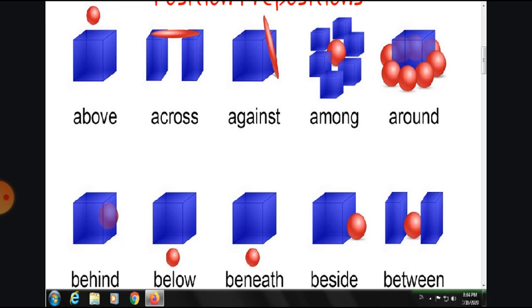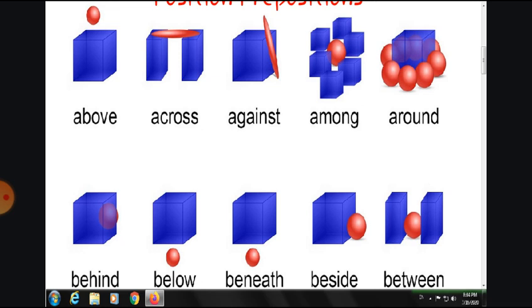So dear student, if below as a preposition is there, then it is better to understand under. Under as a preposition can also be used in the same situation but a little bit different. Whenever something is directly lower than other thing, then under as a preposition is used.